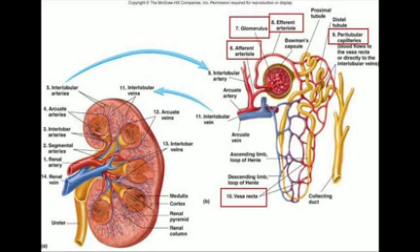Collecting tubules unite to make common ducts that pass through the medulla, reach the renal papillae, and enter the renal pelvis. The pelvis is an expanded region which opens into the ureter. So this goes about the detailed structure of the nephron.